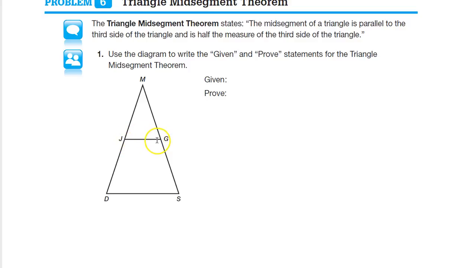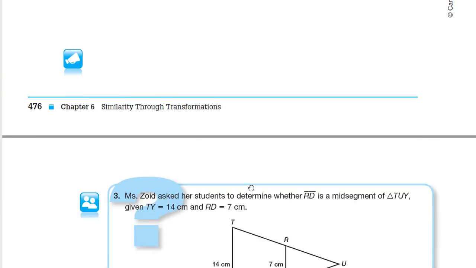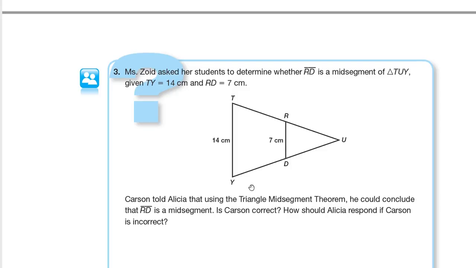And then the idea is that this mid-segment is going to be parallel to the base of this triangle here. And also the length of this mid-segment is going to be exactly half of the length of the base. And so I'm going to have you work through that.